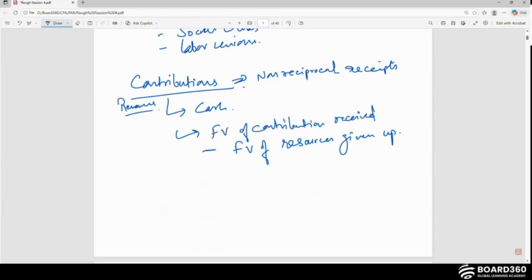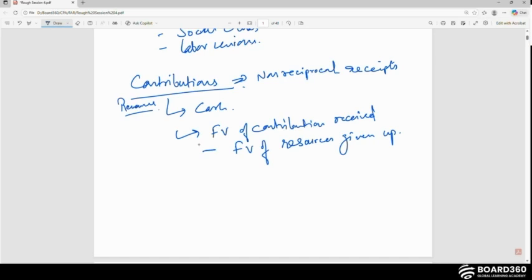You will be reporting contribution revenue of the fair market value of those clothes, and whatever you have given to the poor people, the fair value of that will be subtracted. So that will be the contribution revenue for the not-for-profit organization, right? And not exactly the fair value of the contribution received. Okay.